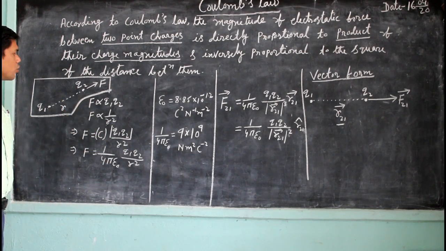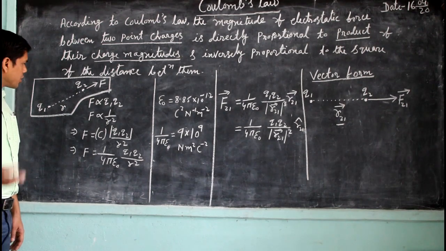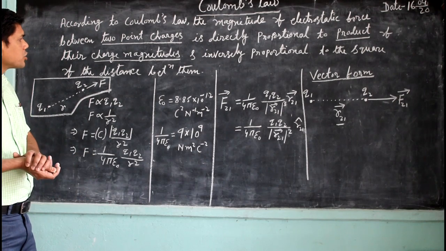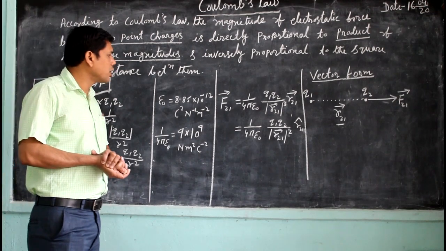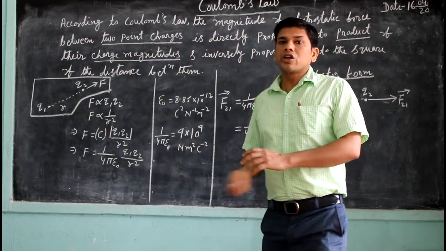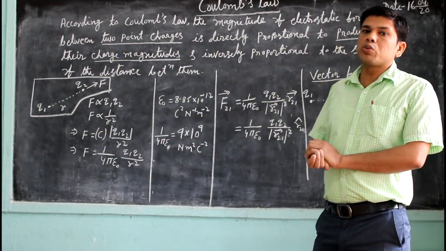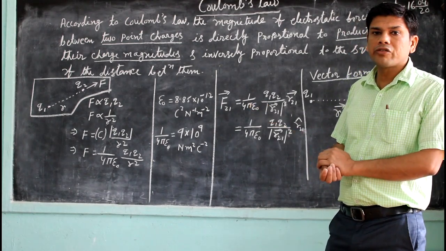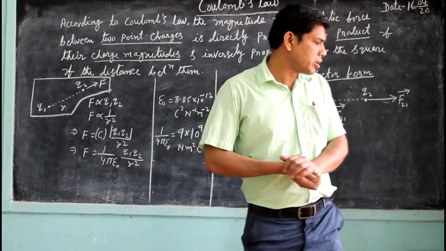So by using Coulomb's law, we can find the magnitude of the electrostatic force between two point charges. Now, to find the direction of the electrostatic force between the two point charges, we have to know the vector form of Coulomb's law.